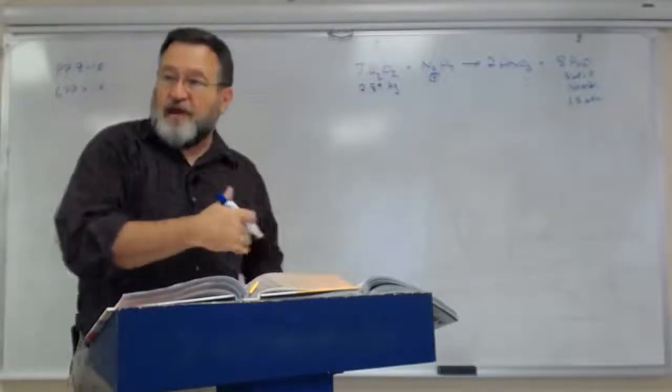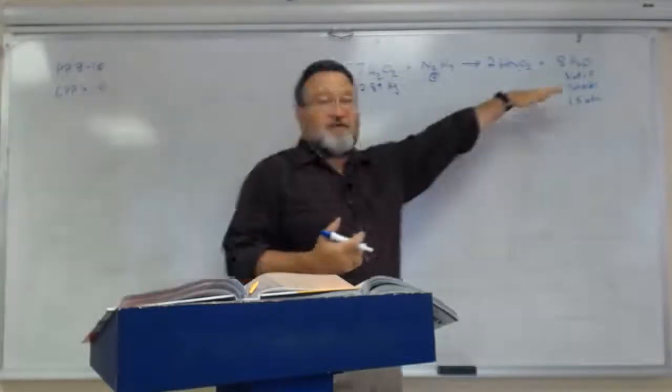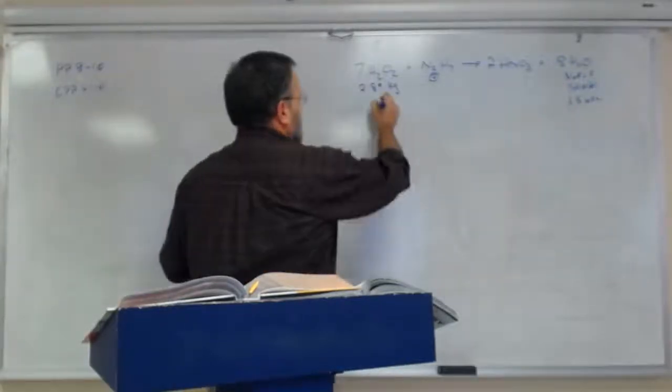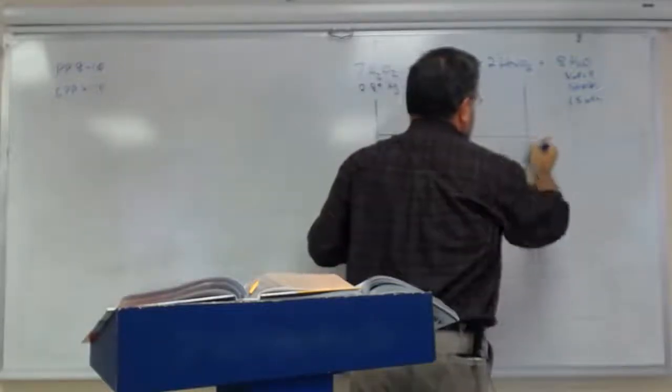Just like I mentioned on the last problem, we could work it the other way around. If I gave you a mass to compute using the gas law, hopefully you can see from here that our solution diagram is going to look something like this.